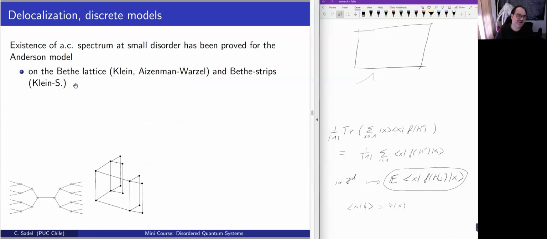The first result to get existence of absolutely continuous spectrum for the Anderson model is on the Bethe lattice, due to Klein. And there is some very interesting work by Aizenman and Warzel, where you have quite a big region with AC spectrum, bigger than expected before. Also product graphs of the Bethe lattice with finite graphs, which we call Bethe strips.